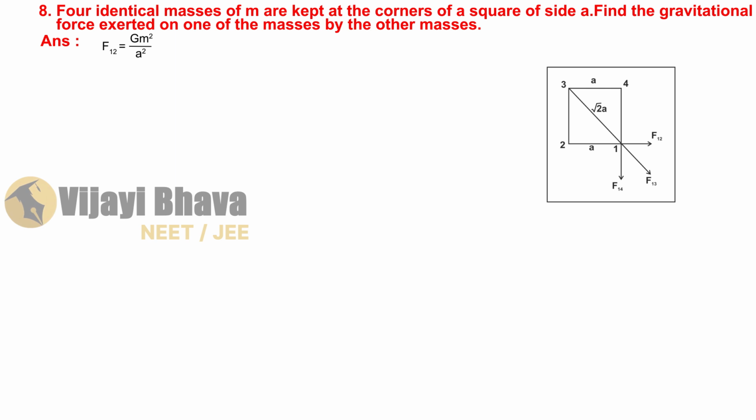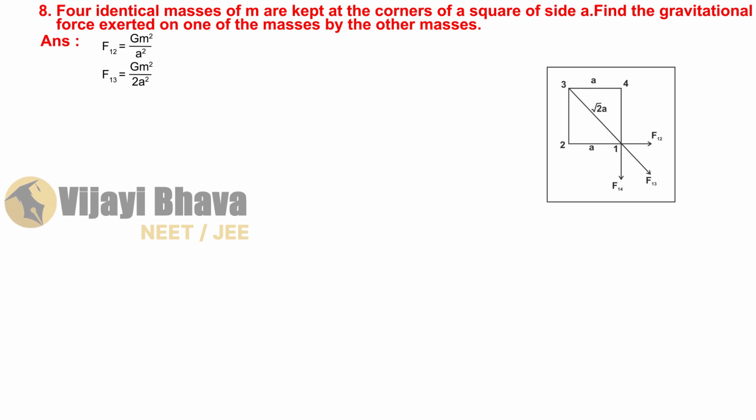Now, knowing these two adjacent sides, the magnitude of the diagonal is calculated from Pythagoras theorem as AC is equal to square root of AB square plus BC square. So from this, the distance between the bodies 1 and 3 becomes root 2a. Now, knowing this distance, let us calculate the force. Force F of 1 3 is equal to GM square by root 2a whole square, which becomes 2a square.